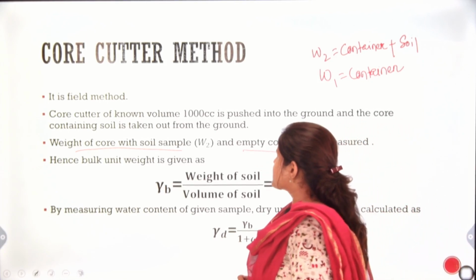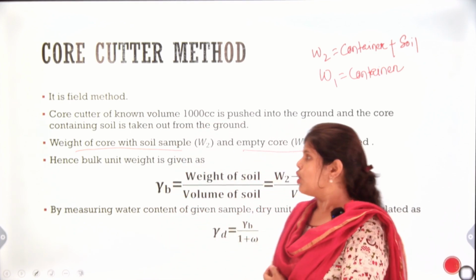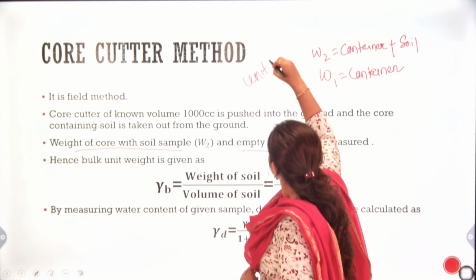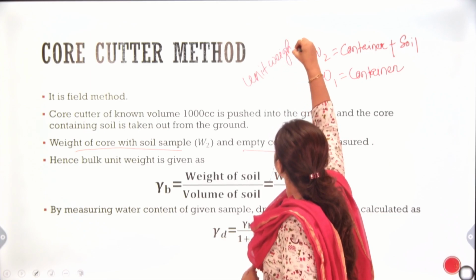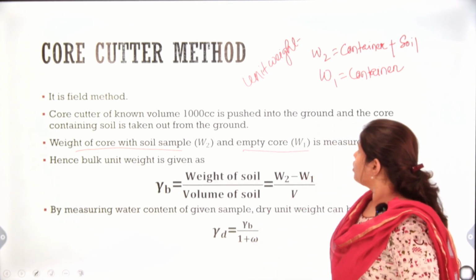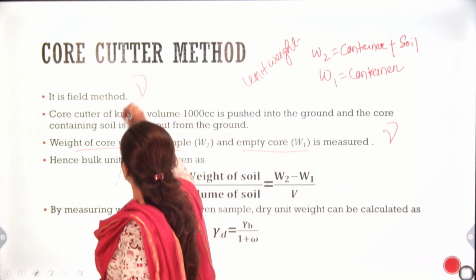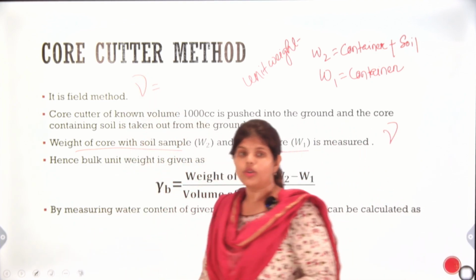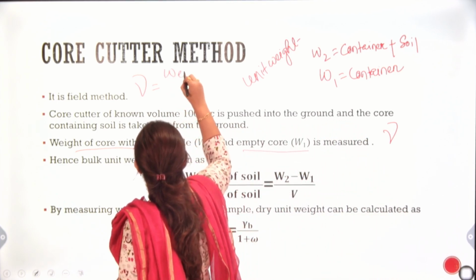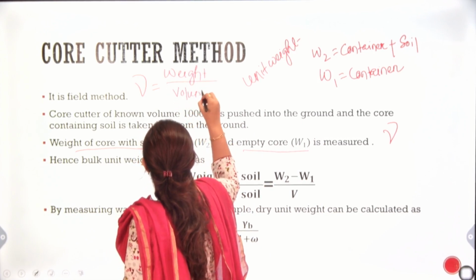As we are calculating unit weight of soil, unit weight is denoted by gamma. What is the formula for gamma? We know gamma is weight upon volume.